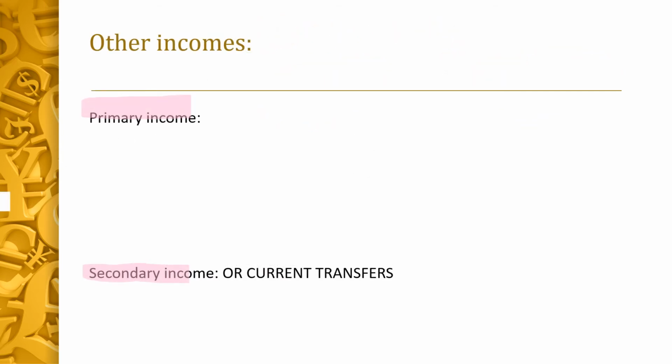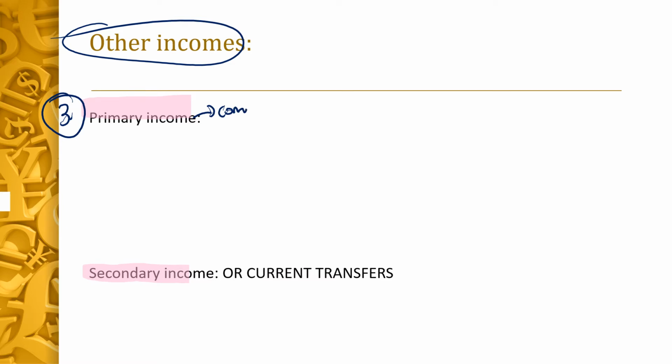Now, since we're done explaining components 1 and 2 in the current account, I have to explain other incomes that are found in the current account. The third one would be the primary income, which includes two categories of income flow. It is the compensation.